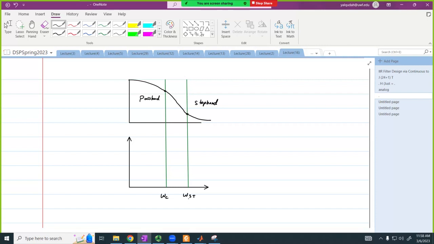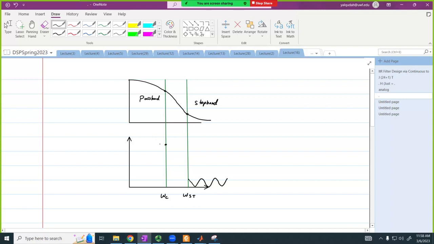Now, if I look at other filters that we're going to be seeing, we can look at a filter that might have a frequency response that looks something like this. And maybe I should just modify this a little bit.